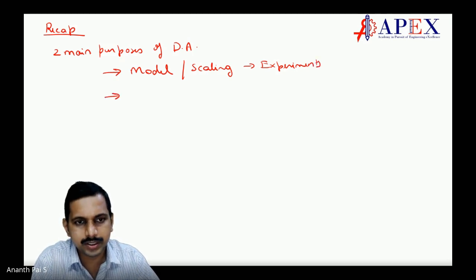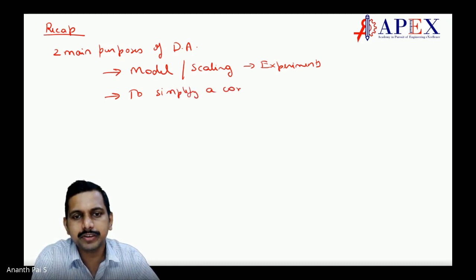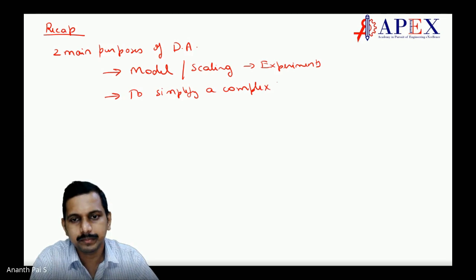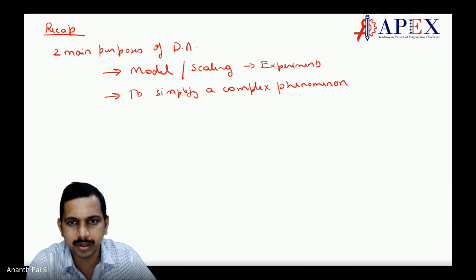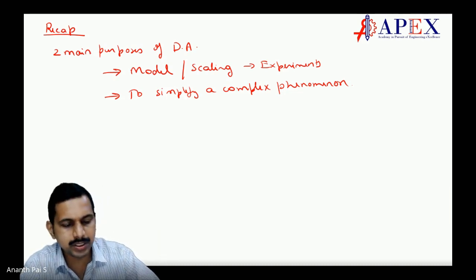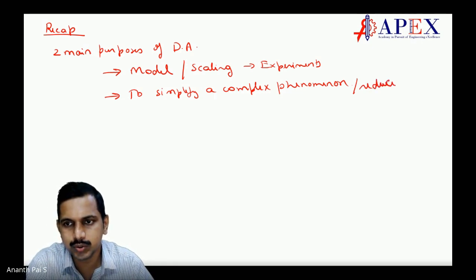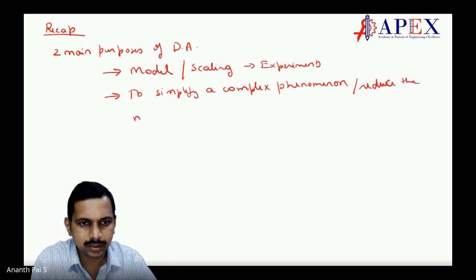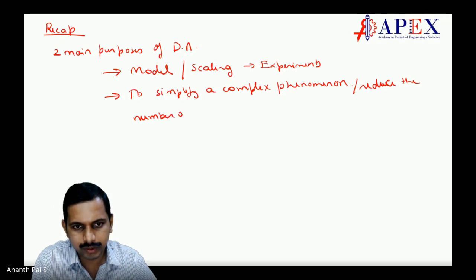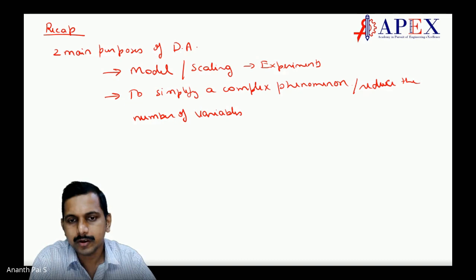Second one is to simplify a complex phenomenon, so that will reduce the number of variables for an experiment.